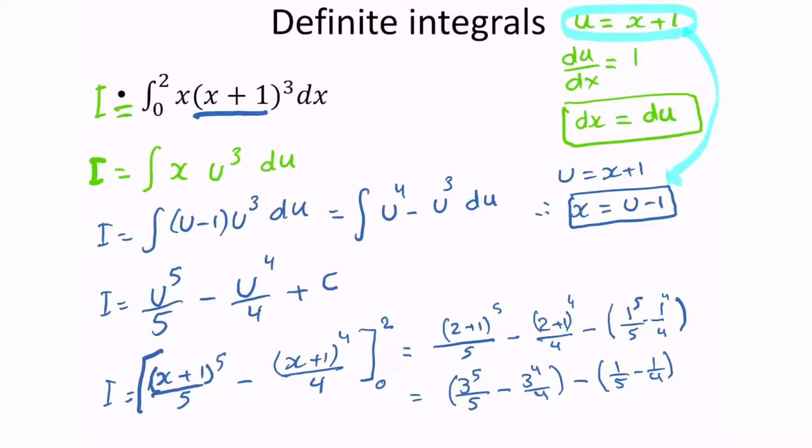And when you work it out, it's 567 over 20 plus 120, and the answer is 568 divided by 20, which is 142 over 5 after you simplify it. You can use your lovely calculator to work this out for you. Okay, and that's it.